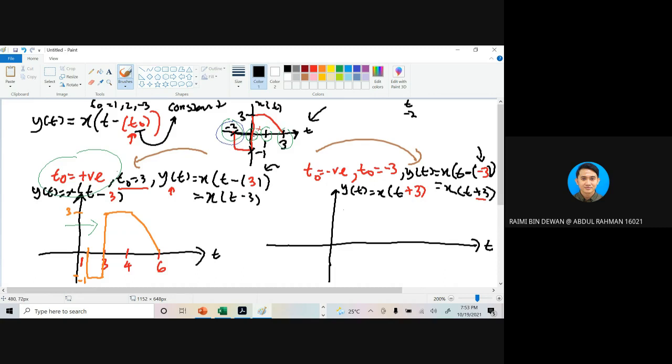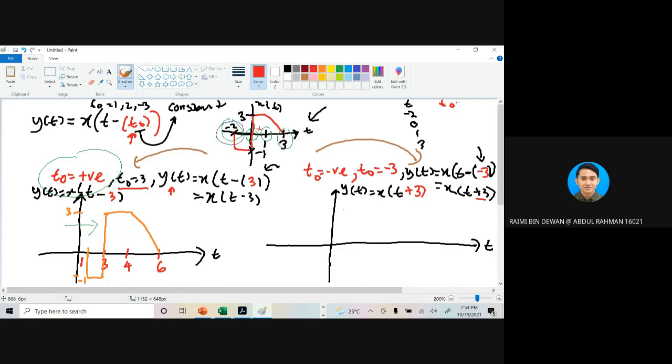Then the next t that has a change in amplitude is 0, right? Then you have 1, and then you have your 3. Then the next one is your t naught, the changes. So your changes actually in -3.